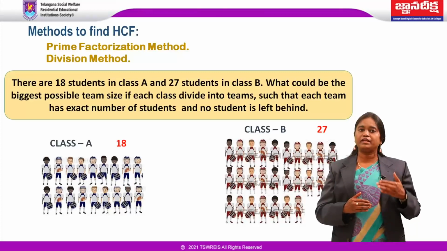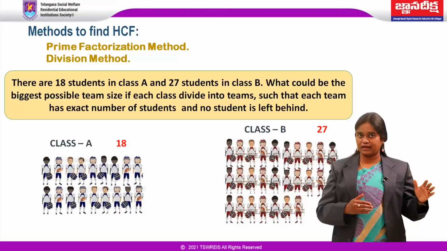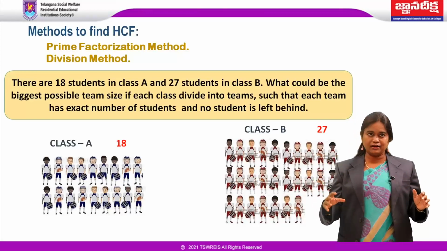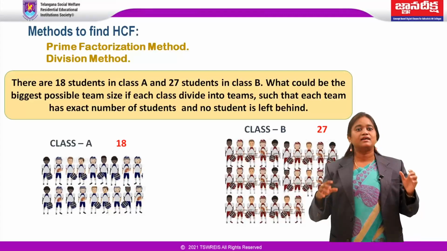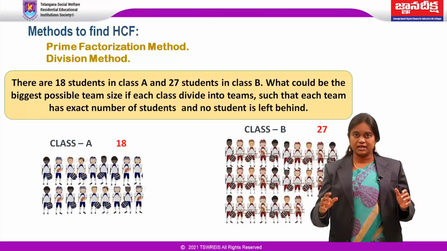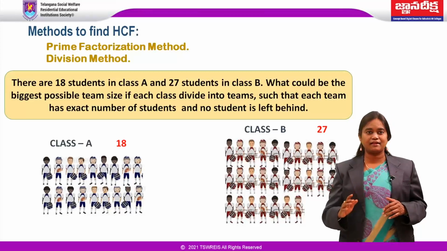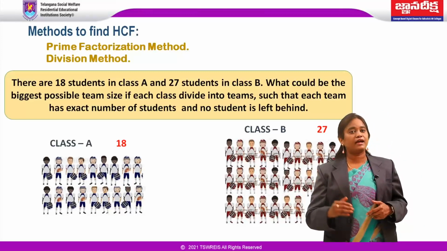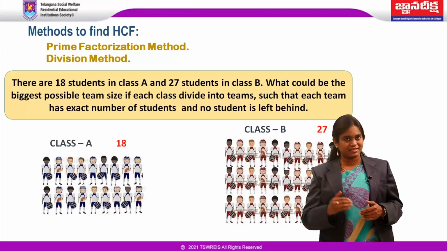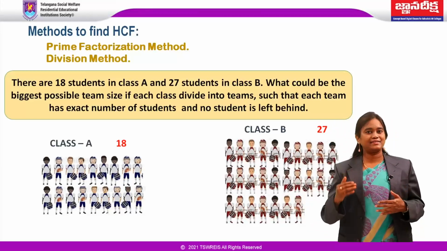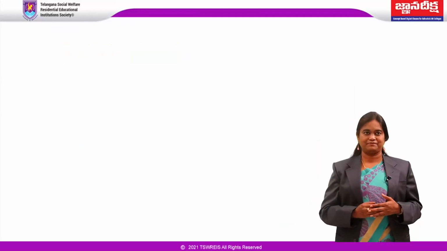Here, we need to divide class A and class B into teams so that each team has the same number of students and no student is left behind in any class. To define the biggest possible team size, we will find HCF of 18 and 27.